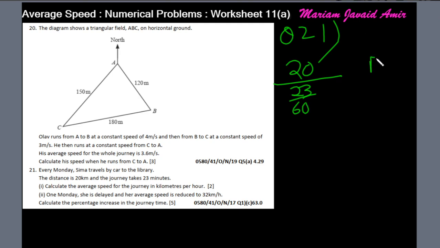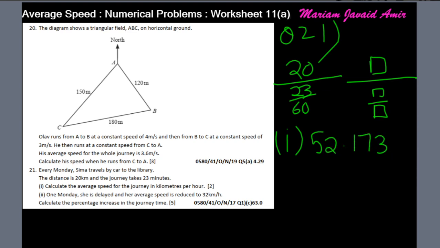If you have those new calculators, you'll enter the values like this. Otherwise, just find 23 over 60 first, which will be 0.383333, and then do 20 divided by the answer, which will give us 52.1739 kilometers per hour.